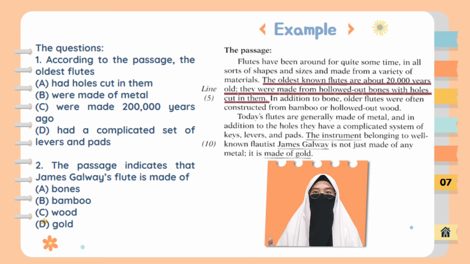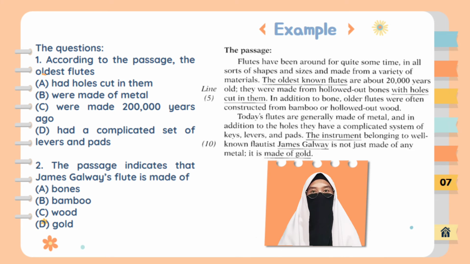The passage states that the oldest flutes were bones with holes cut in them, so the best answer is answer A. Answers B and D are true about today's flute but not the oldest flutes, so they are incorrect. Answer C is an incorrect number. The oldest flutes are 2000 years old, not 200 years old.